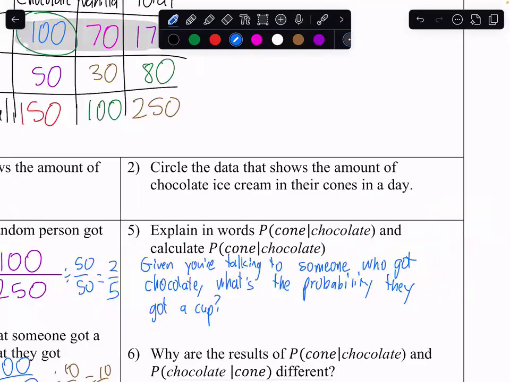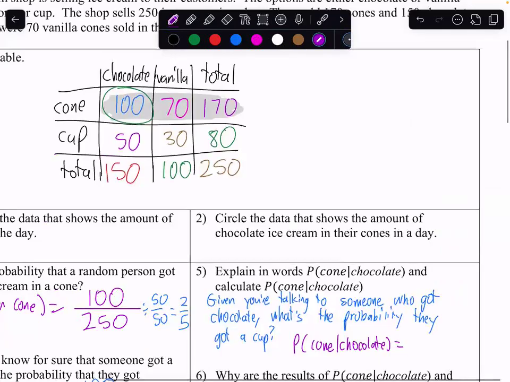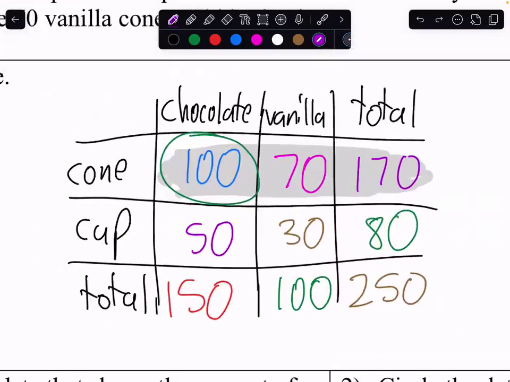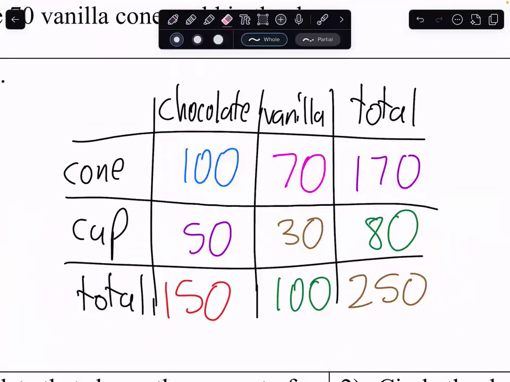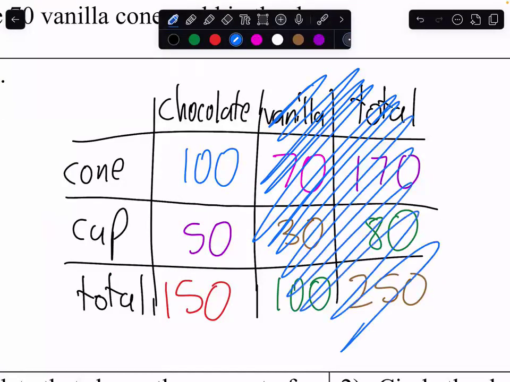Okay, so the numerical value of this. Again, you're only allowed to talk to people who got chocolate ice cream because you know that's true for sure. For the purposes of this problem, I'm going to temporarily say you would throw all of this data away.